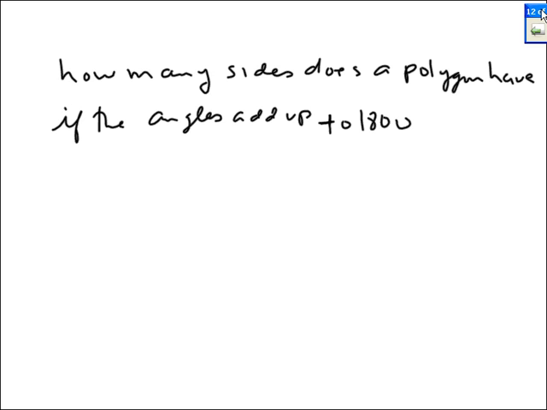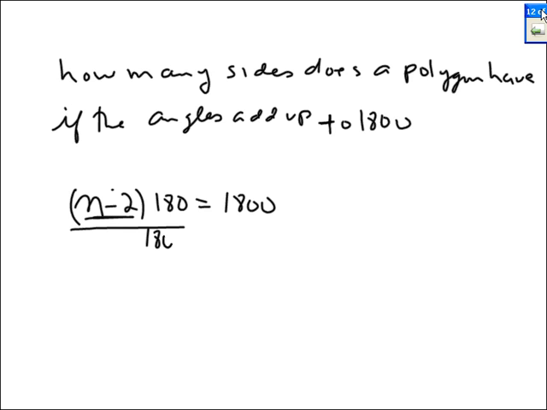Okay. Well, you know that n, the number of sides, minus 2 times 180 equals the sum of the angles, which we're told is 1800. Well, let's figure out what n minus 2 first is. Let's divide by 180 on both sides.